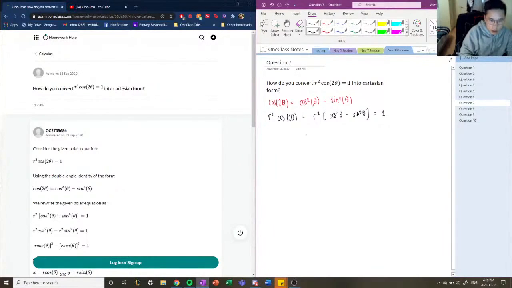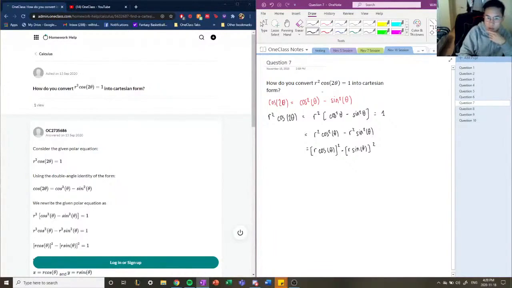This equals r squared cos squared theta minus r squared sine squared theta. Okay, cool. And we can alternatively write this r squared cos squared as (r cos theta) squared minus (r sine theta) squared. All right, cool.